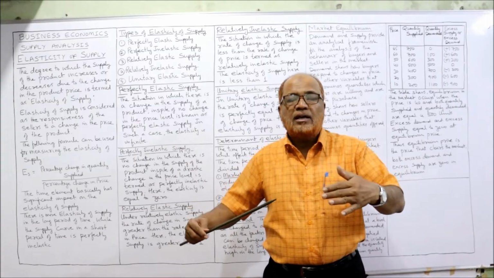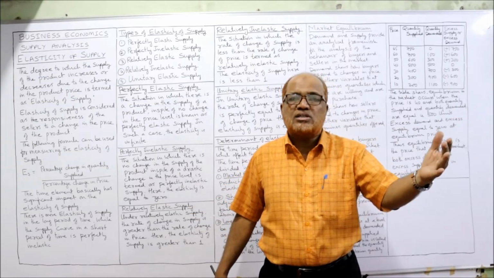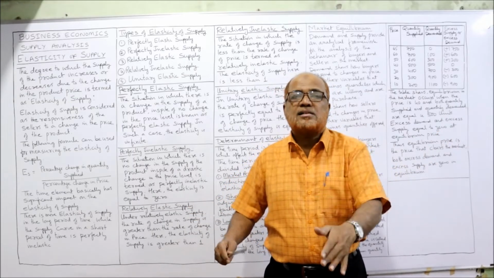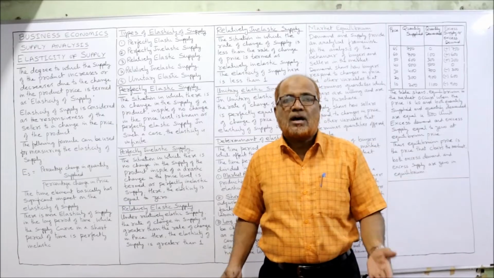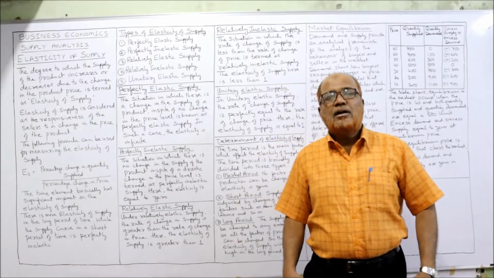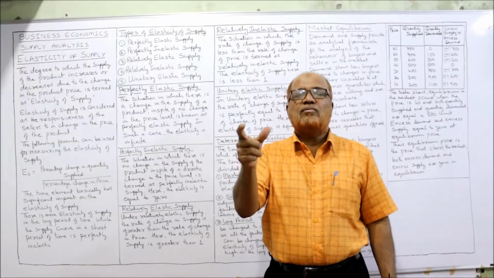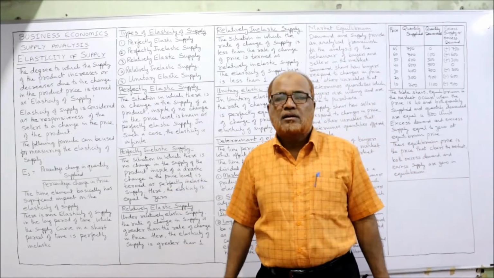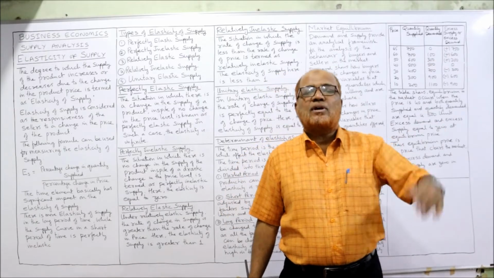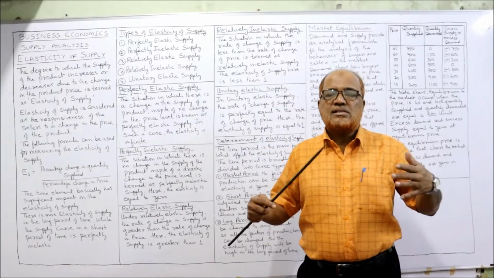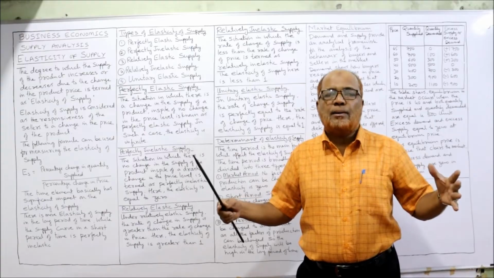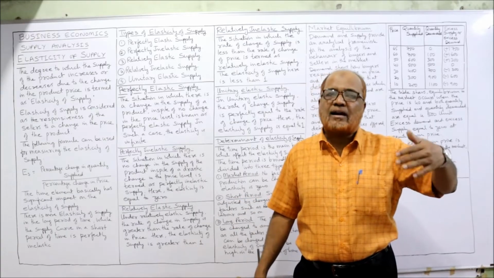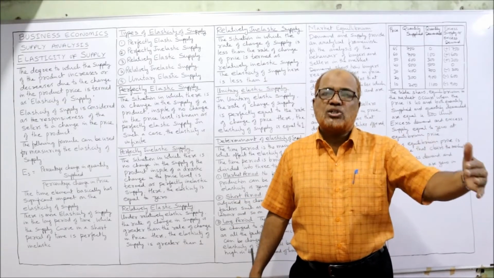So if there is a sudden change in the price, the supply cannot be changed suddenly. It needs some time. During the short period of time, it will be difficult to change the supply. That's why it is inelastic. Whereas in the long period of time, the producers and suppliers will have ample time to change all the factors of production and change the supply.